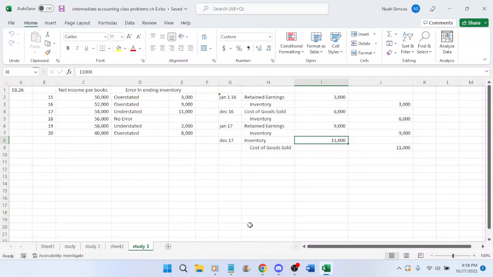But how are we getting 9,000 plus 11,000? It makes no sense. We adjusted retained earnings. We decreased net income by 9,000 in the beginning of 2017.